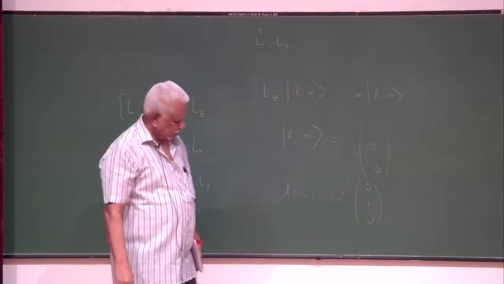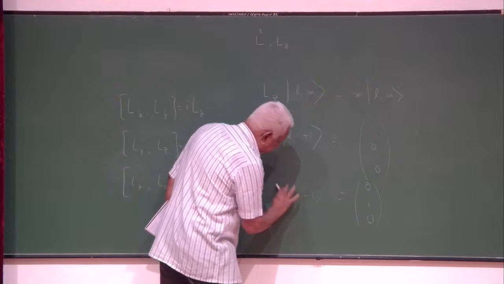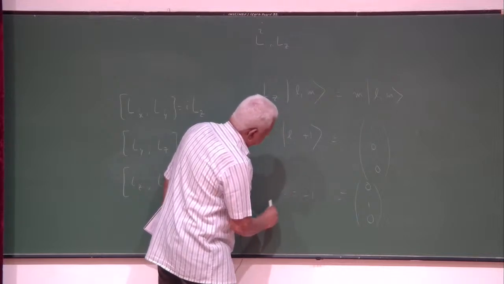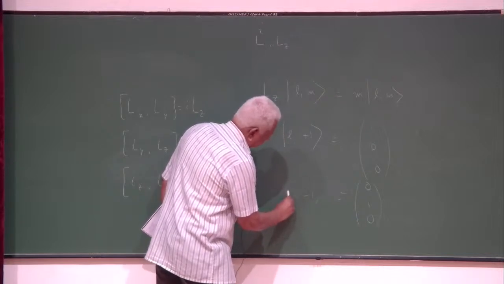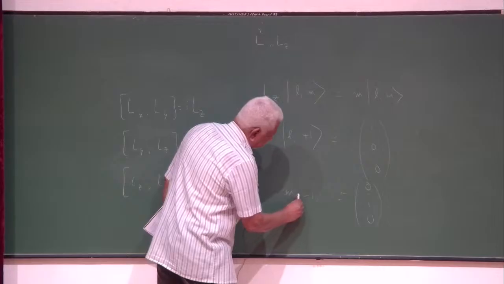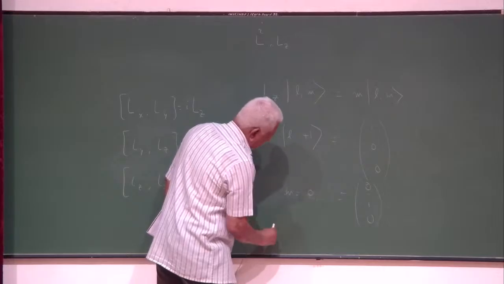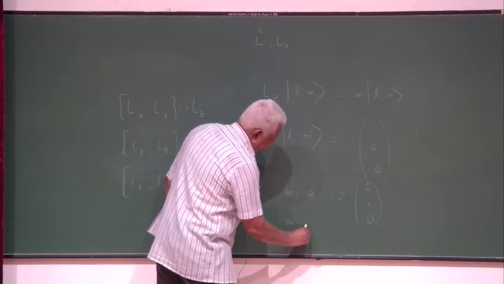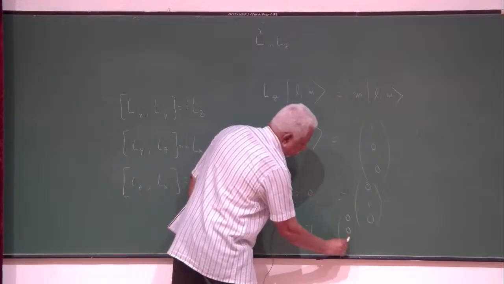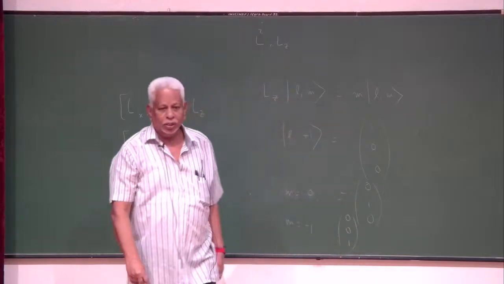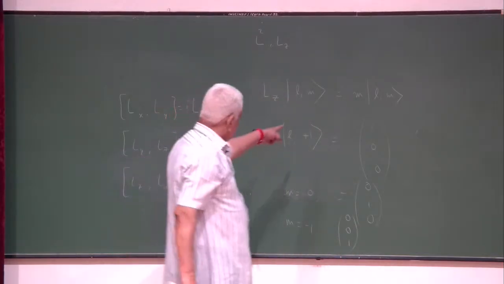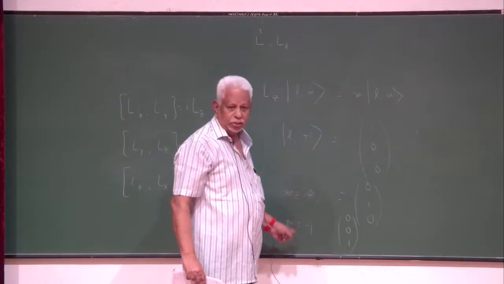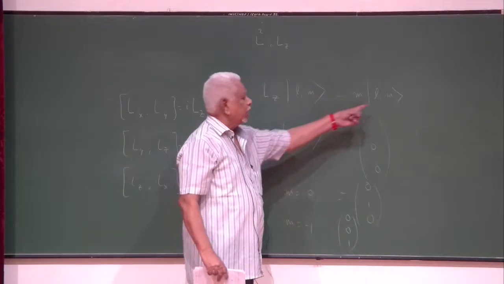And M equal to minus 1 is 0, 0, 1. Okay? This is the meaning of this object and this object and this object. So, I will write this notation.